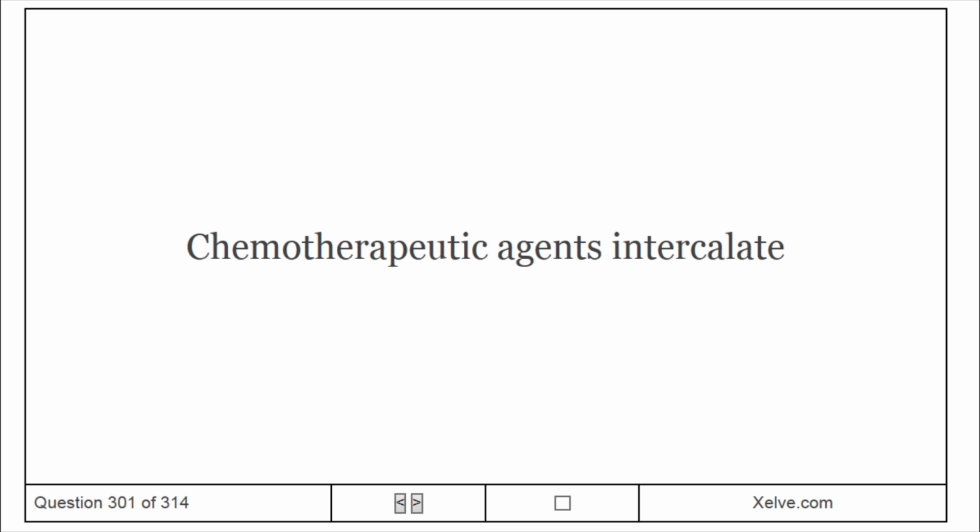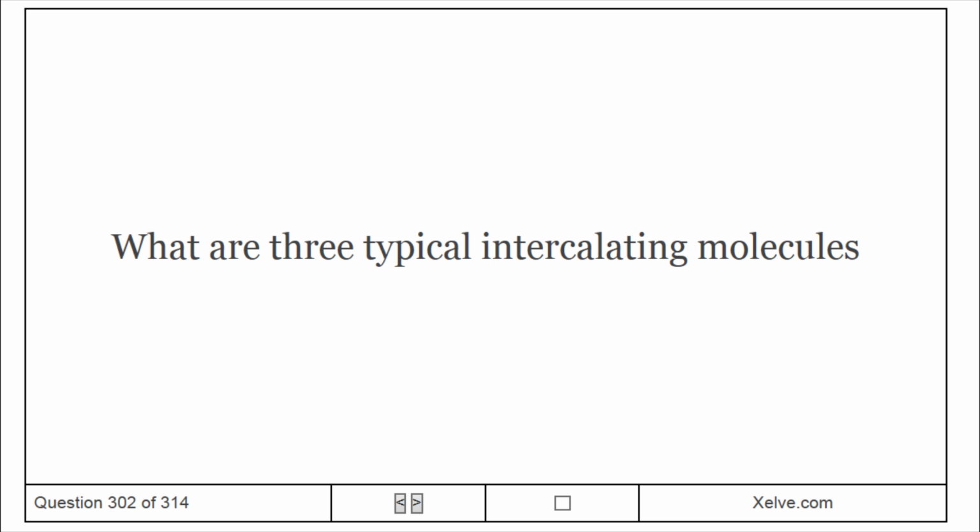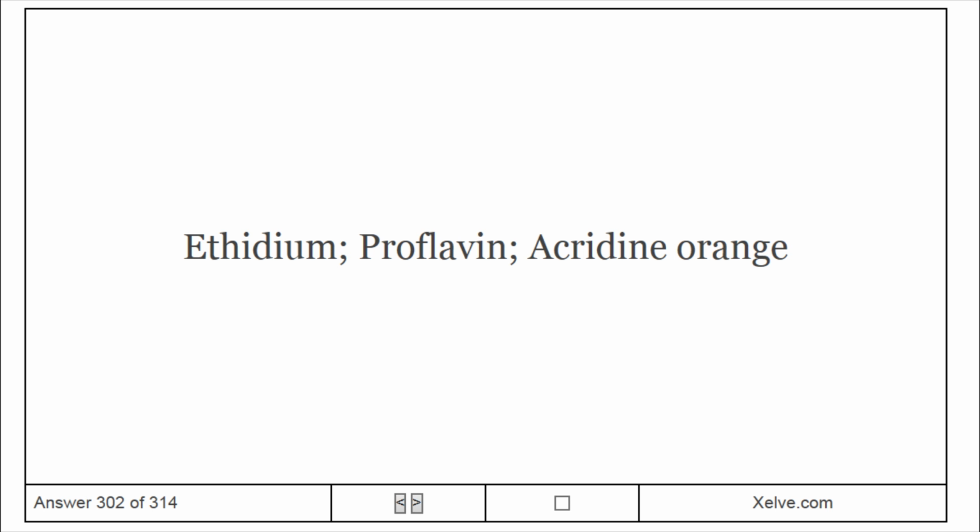Chemotherapeutic agents intercalate into all cells, and that's where you have the bad side effects of chemotherapy. What are three typical intercalating molecules? Ethidium, proflavin, acridine orange.